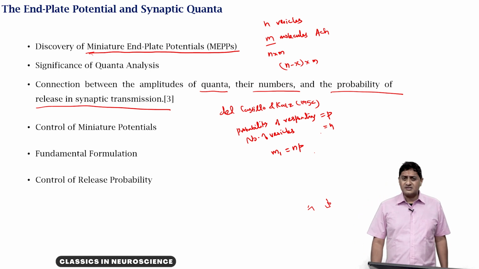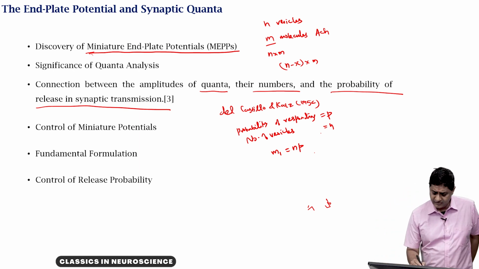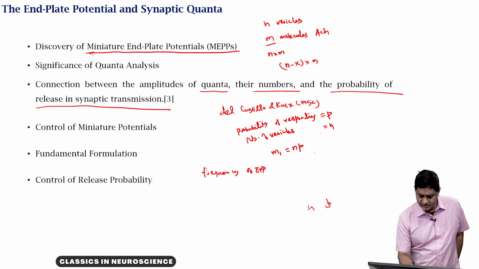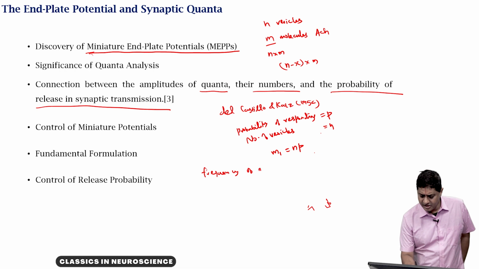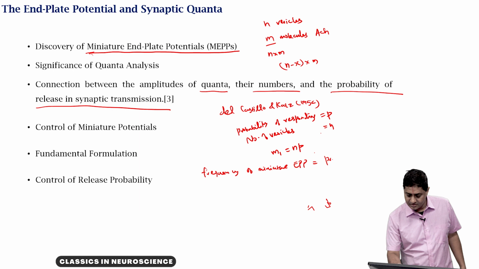So, these equations essentially relate the amplitude of the quanta, their numbers and the probability of synaptic transmission. Remember, the frequency of the EPP or frequency of the miniature EPP is controlled or determined by what happens at the presynaptic terminal.